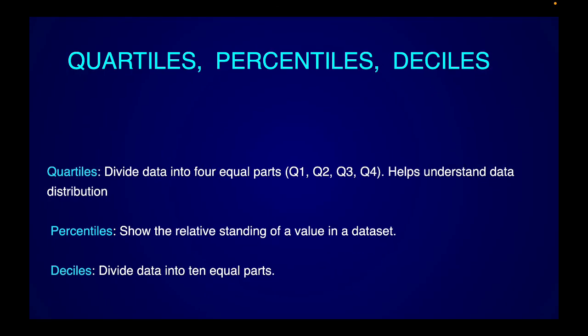So what are quartiles? Quartiles divide the data into 4 equal parts, Q1, Q2, Q3, Q4, which helps us understand data distribution. Consider we have 1000 records or 1000 rows of data. We divide this data into 4 different parts.